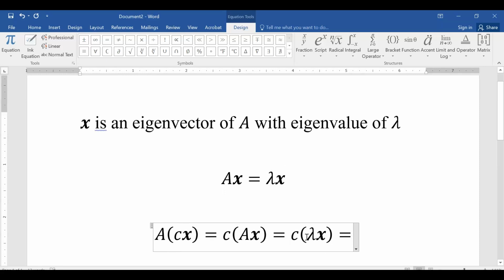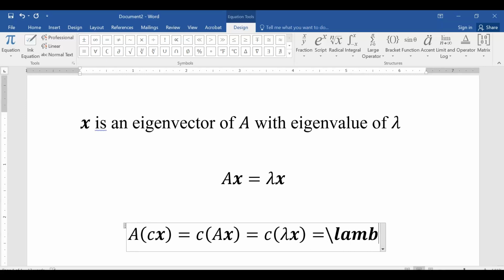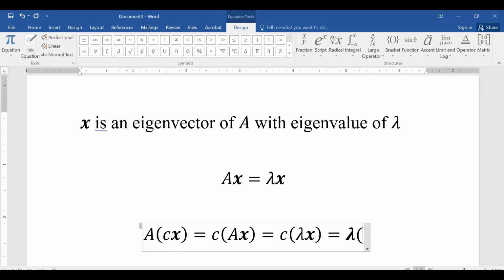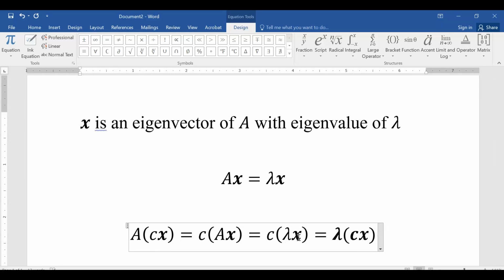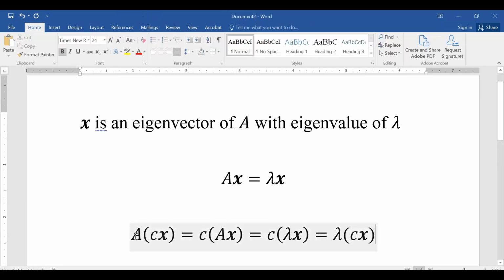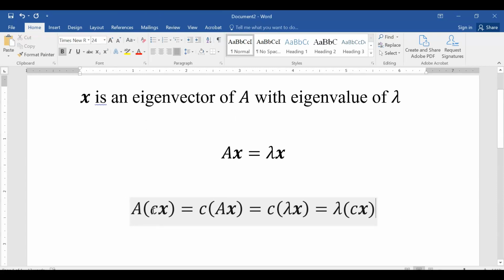which again, these are just two scalars. Lambda and a constant C are scalars. So they commute and are associative. So we can see that when I multiply A times a scalar times that vector, it gives me lambda times the same scalar times the same vector. Okay?